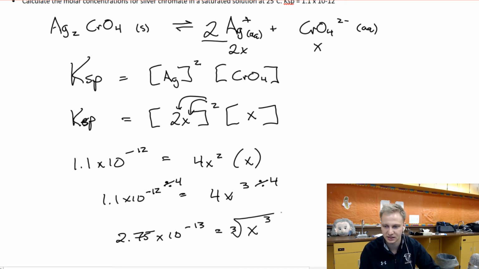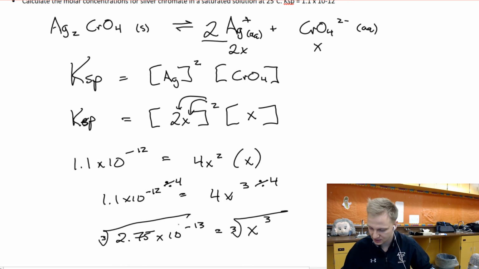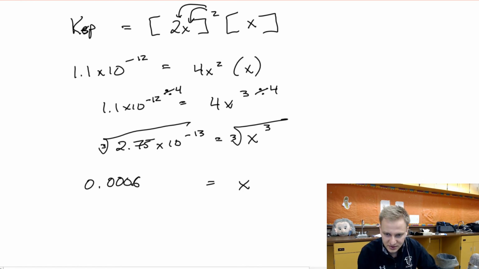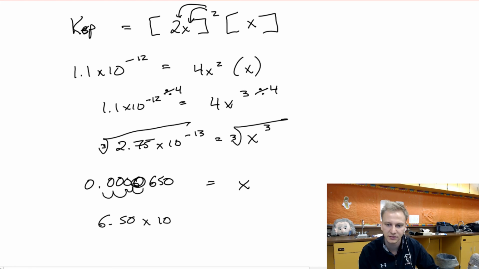We take the cube root of both sides, and you end up with x equal to 0.0000650, or 6.50 times 10 to the power of minus 5 molarity.